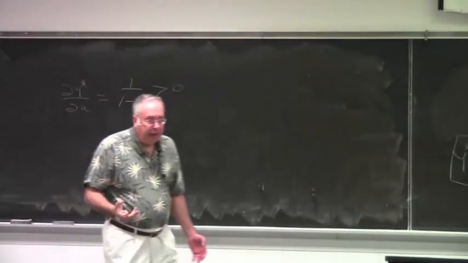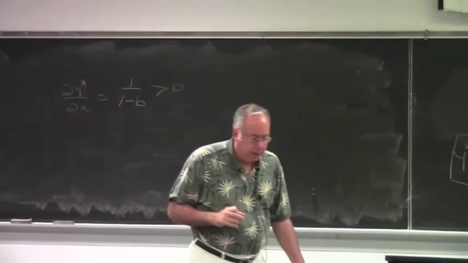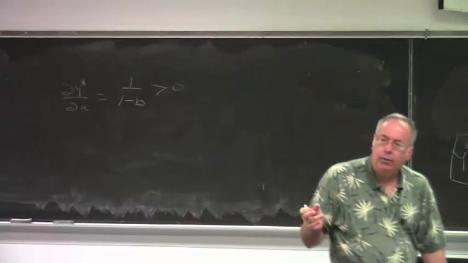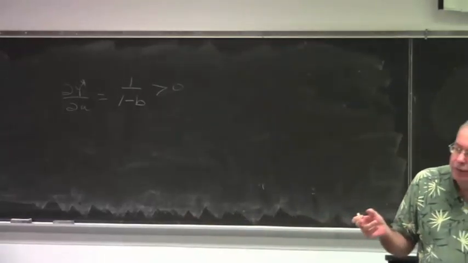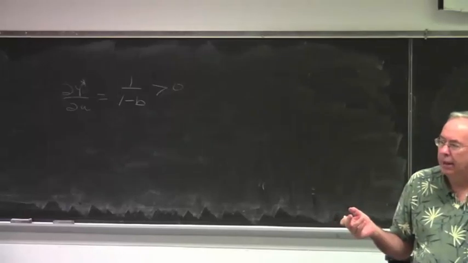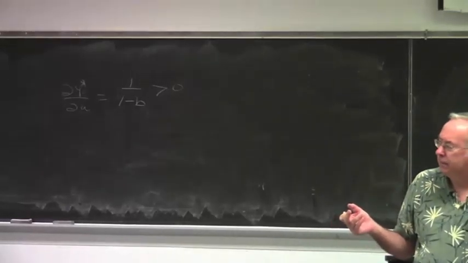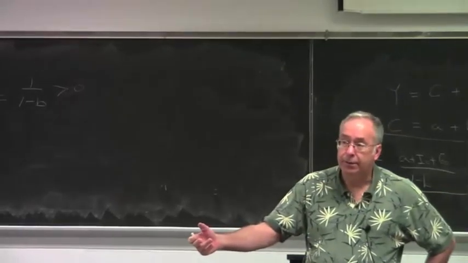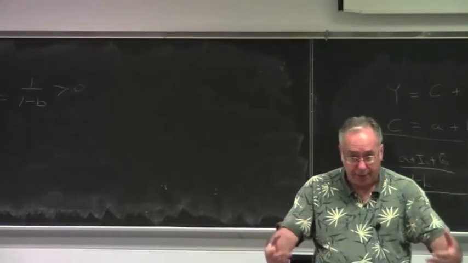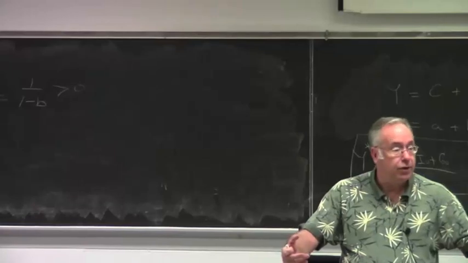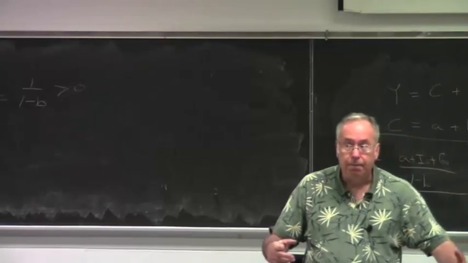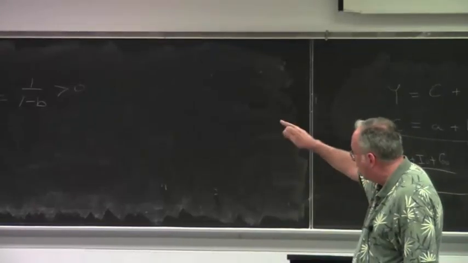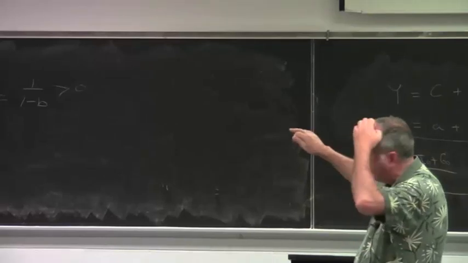So what does that mean in words? By the way, what was the term we were using for the parameter A? Autonomous consumption, the intercept of the consumption function. How much consumption you would have if national income were 0. Okay. So in words, what does this positive partial derivative mean?